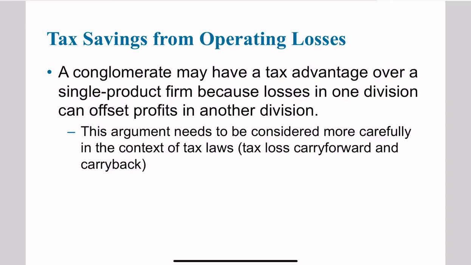So losses and profits in different divisions can offset each other. You can see that this kind of argument is quite nuanced, because you have to consider it in the context of tax loss carry forward and carry back, because even if you're a single product firm, if you have a loss, you can carry forward or carry back, right? So this will also smooth your tax exposure.